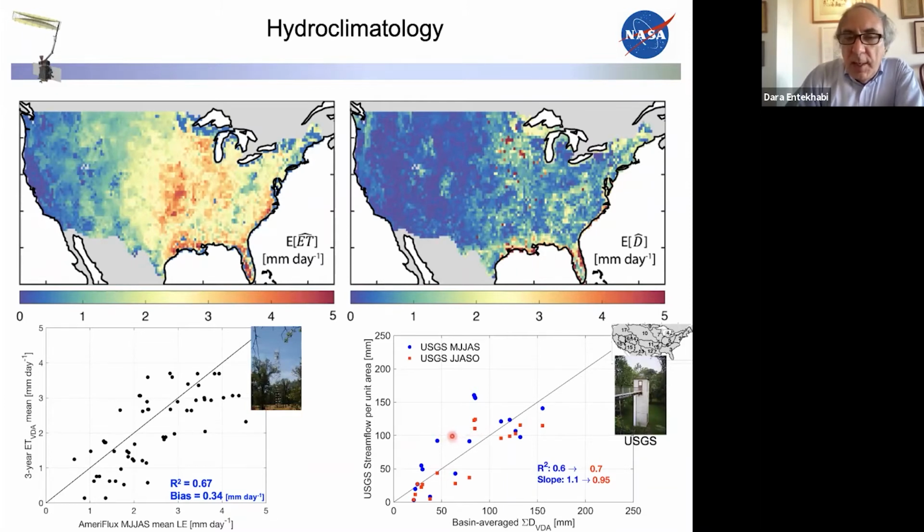Runoff is a little more tricky because stream flow has impediments: dams and hydraulic structures and diversions. But what you have is also around 70% explained variance, but the slope is close to 1. And this is lagging it by a month just to see if there's a serial correlation issue.